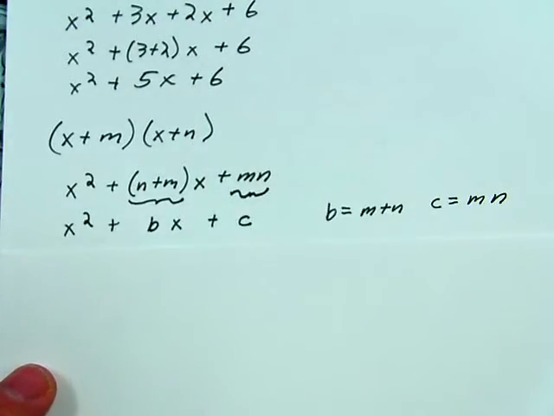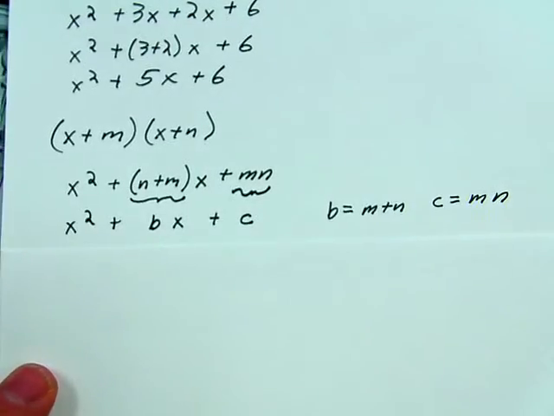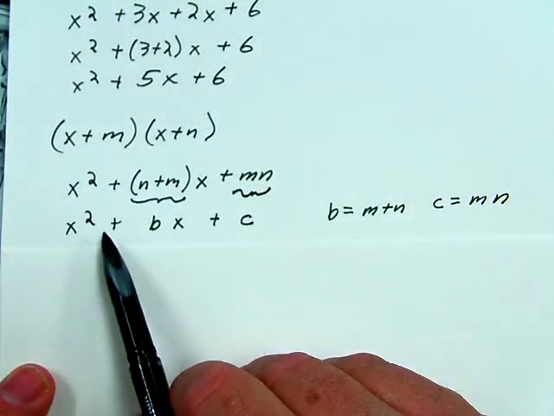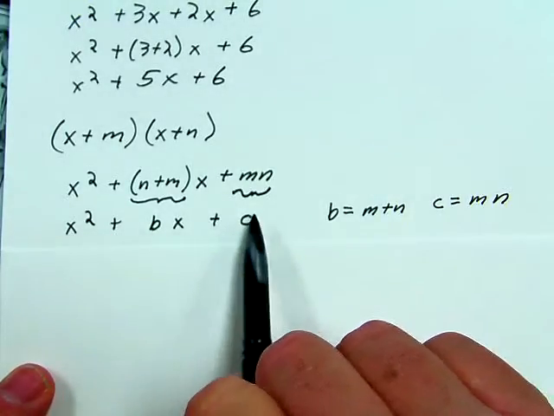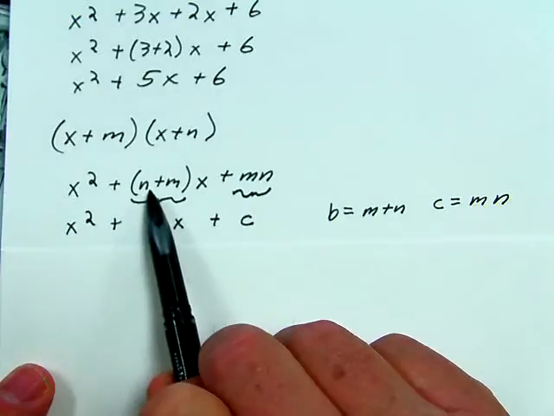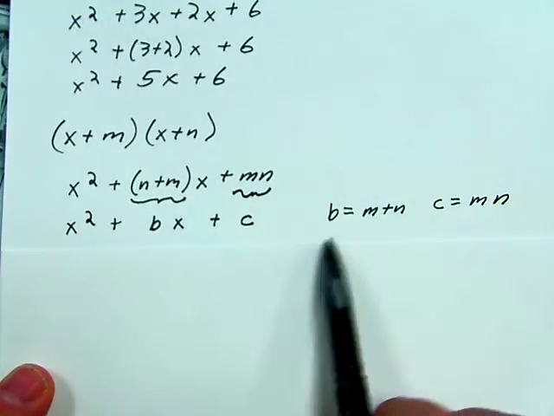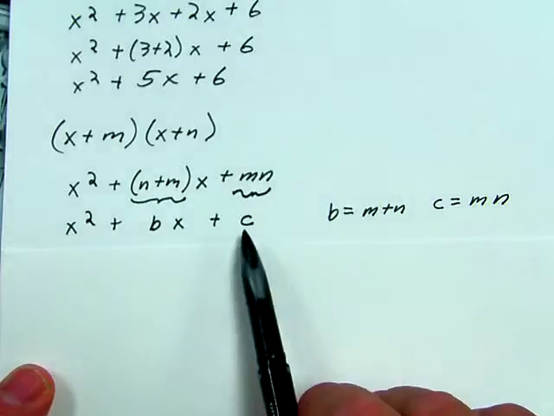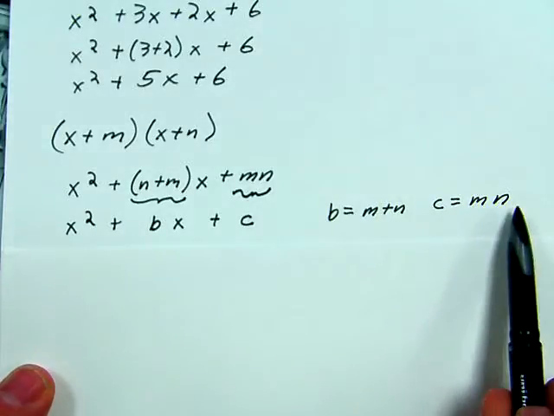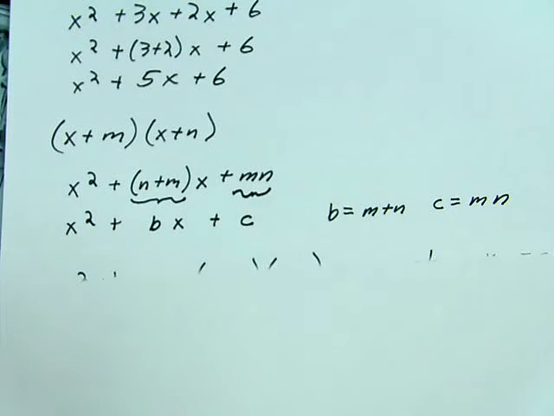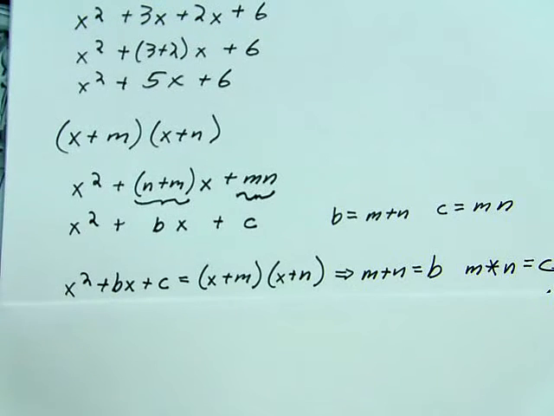Okay? So if you were to look at this in the form of x squared plus bx plus c, you'll notice that b takes the place of n plus m, or m plus n, and c takes the place of m times n. So since you know that's the pattern, we can start building some equations.